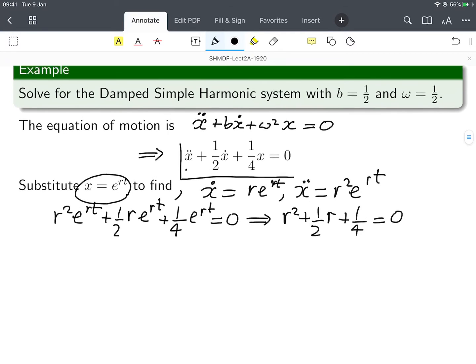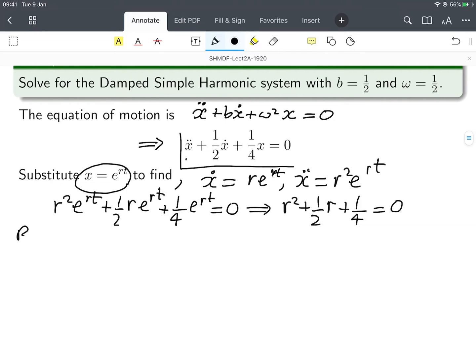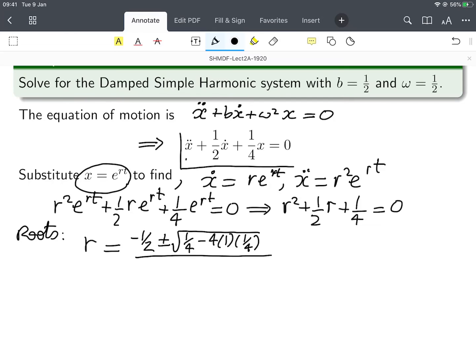I was expecting a quadratic, so now I can solve it. I look for the roots. r equals minus b, b is a half here, plus or minus the square root of b squared, that's a quarter, minus 4 times a, which is 1, times c, which is a quarter, divided by 2a, sorry, and a is 1 here.